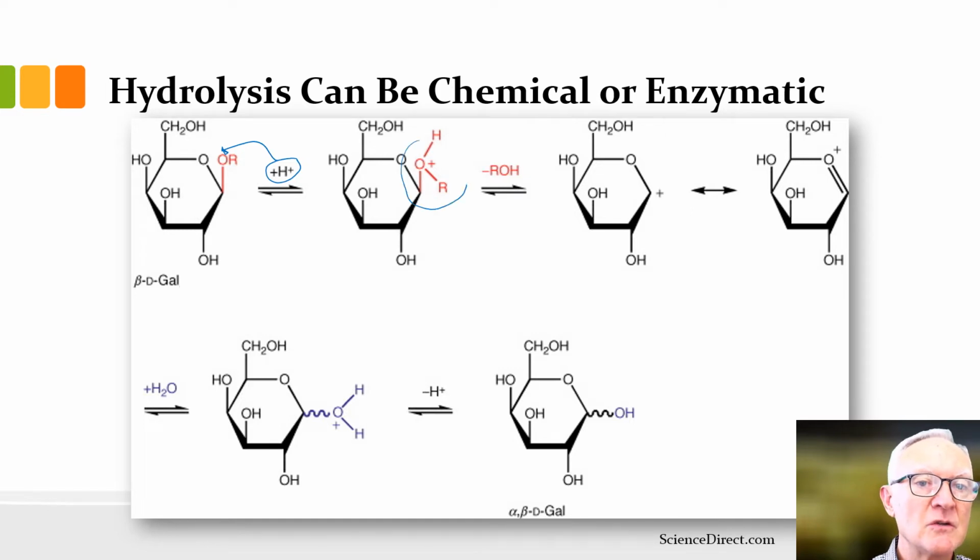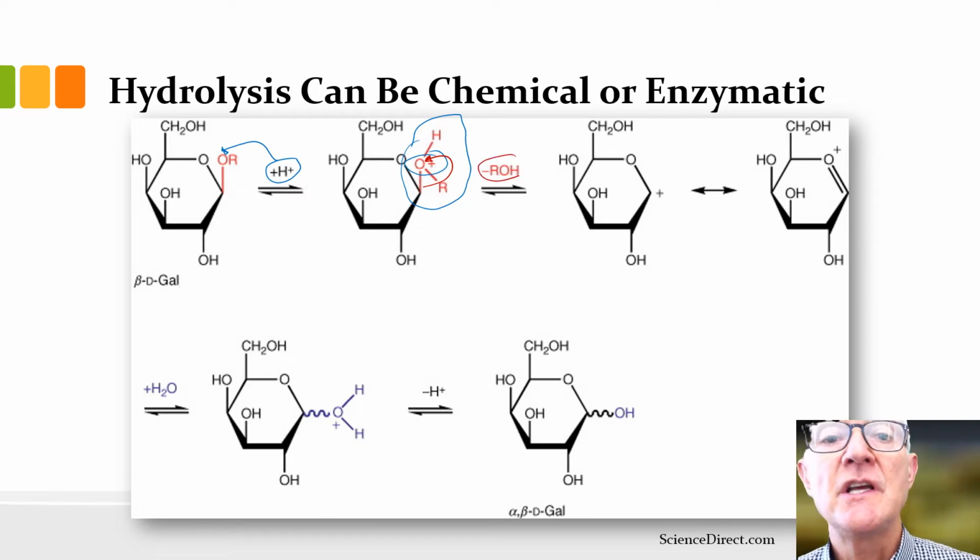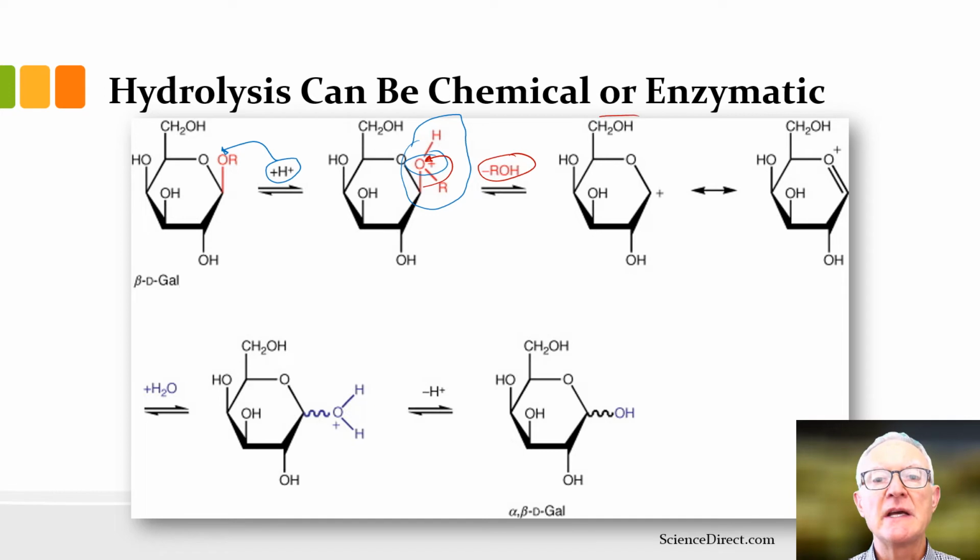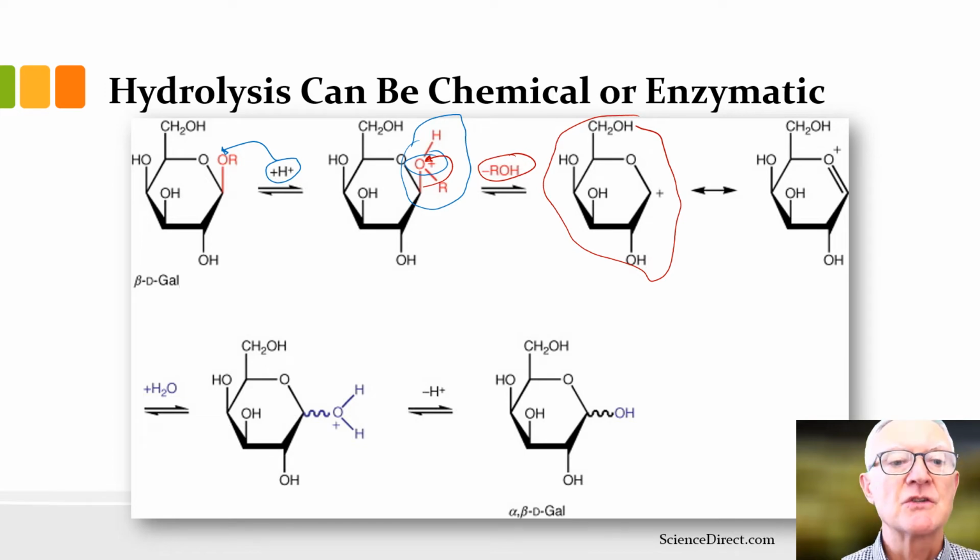It's going to lead to this protonation here with a nice positive charge on that group, and then we will get bond breaking, as these electrons go back to the oxygen, we get the bond breakage, and the alcohol, which is shown here, leaves, and you're left behind with the glucose, and shown here is a resonance structure of the glucose, and that then picks up a water.